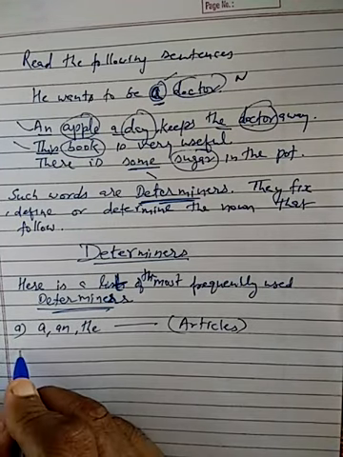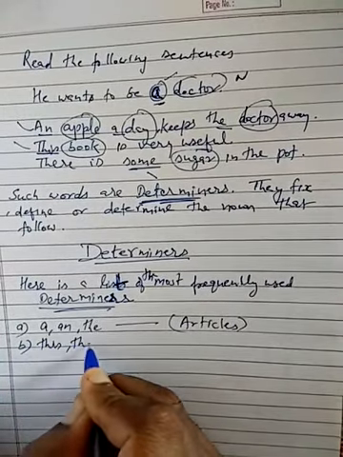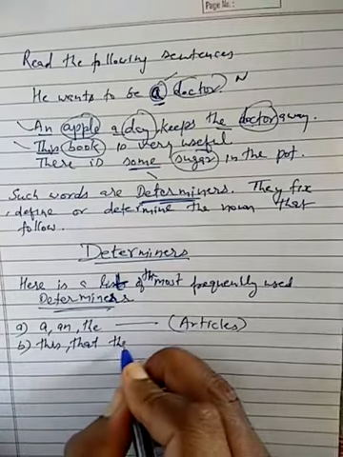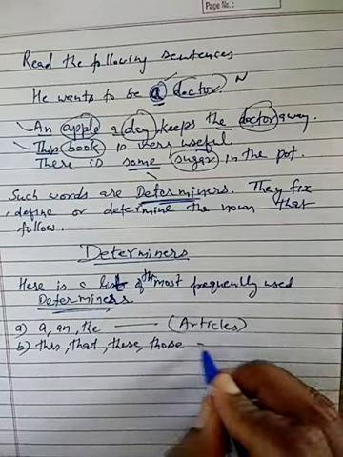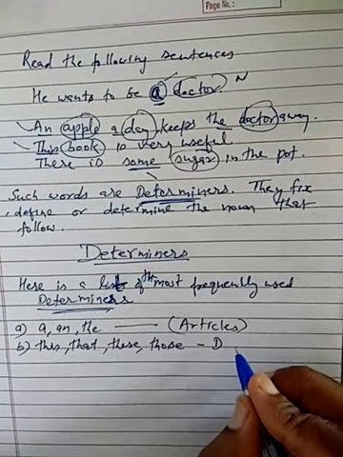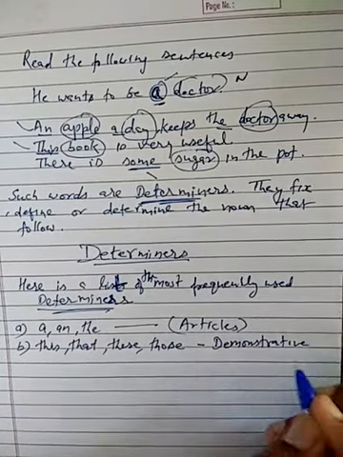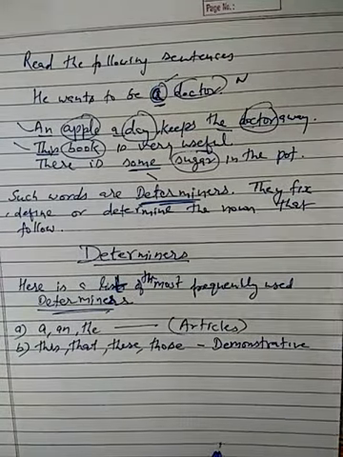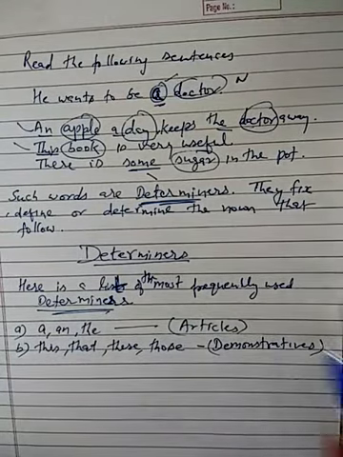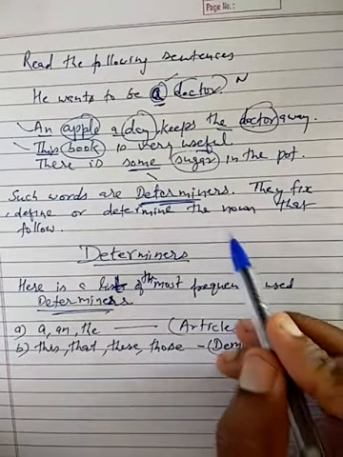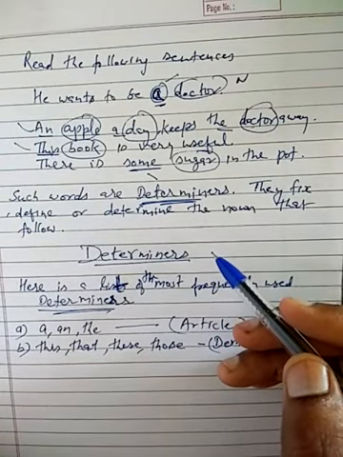Okay, another is this, that, these, those. And what are they? They are demonstrative determiners. Okay, clear? Students, keep it in your mind that determiners are followed by a noun.